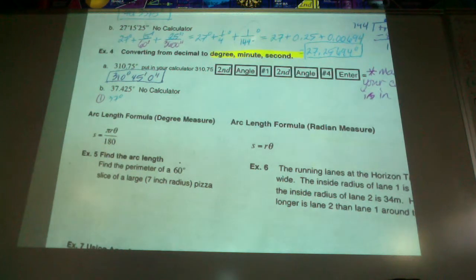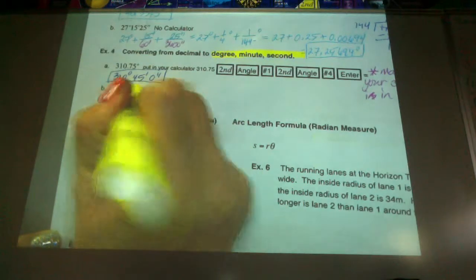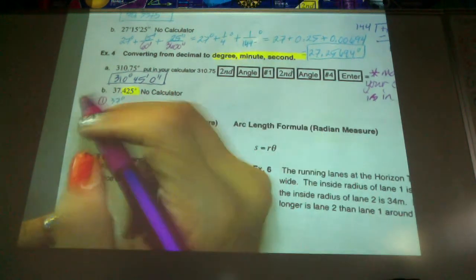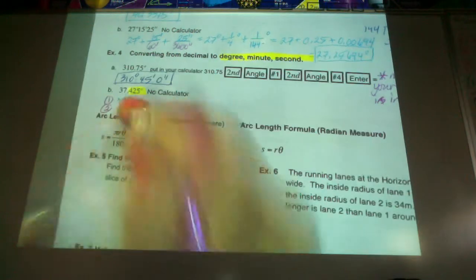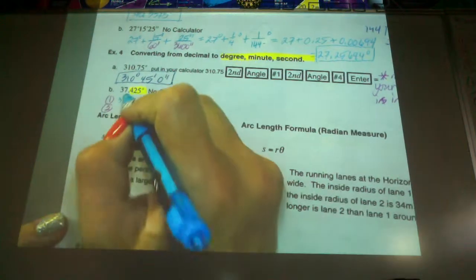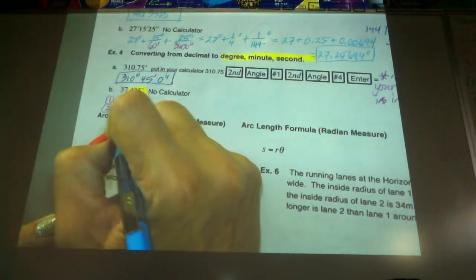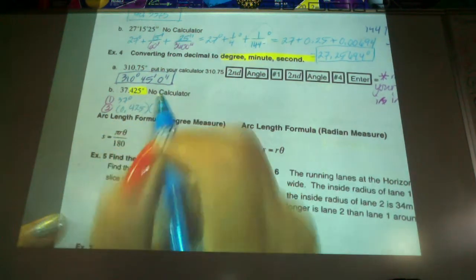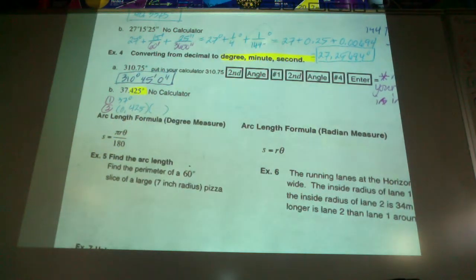Then for step 2, I need to take this decimal part of my degree. I have less than 1 degree here, and I convert that into minutes and seconds. So the second part, we're going to take our 0.425 and multiply that portion to my minutes.